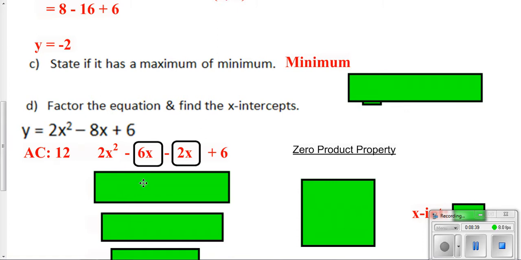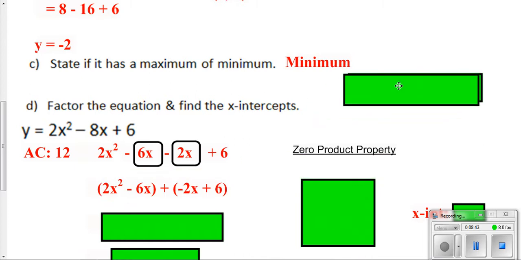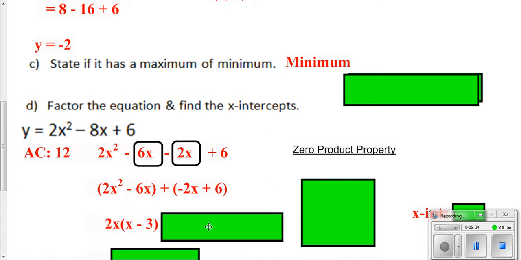From here, we factored by grouping. So we grouped the first set, we grouped the second set. This is the critical step right here. Change this to a plus and make this a negative, and then we go ahead and group them. So once we factor by grouping, we think to ourselves, all right, what can we factor out? What is the GCF of this first term that we can factor out? And in this problem, we can factor out a 2x.